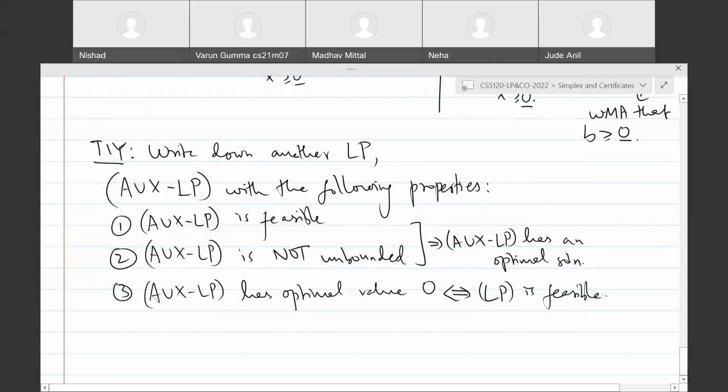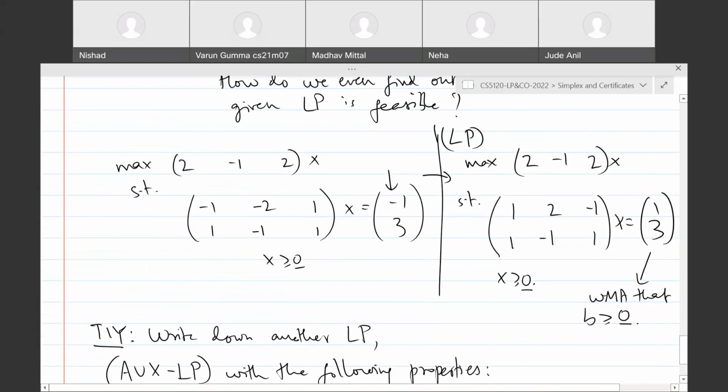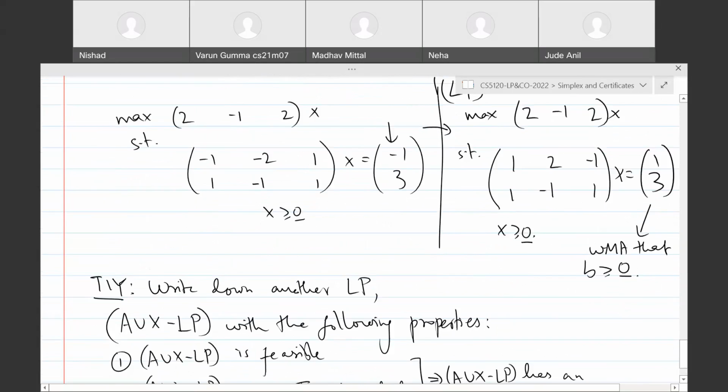Okay, so I want you all to try this. You are given this LP. You need to come up with another LP with these properties.